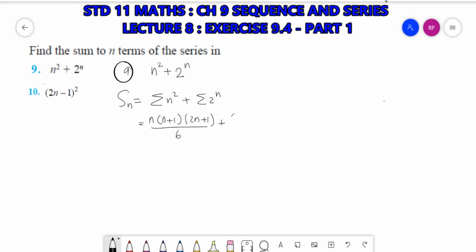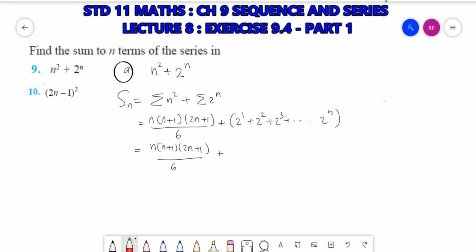And for 2 raised to n, I can write down 2 raised to 1 plus 2 raised to 2 plus 2 raised to 3 up to 2 raised to n. So this will be equal to n plus 1, 2n plus 1 upon 6, plus.